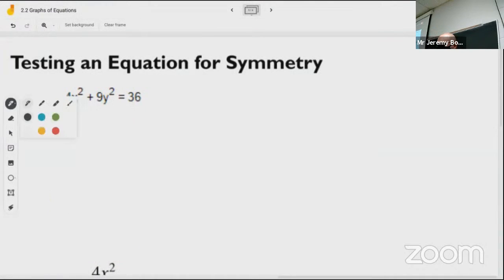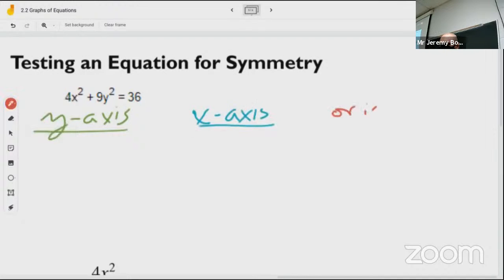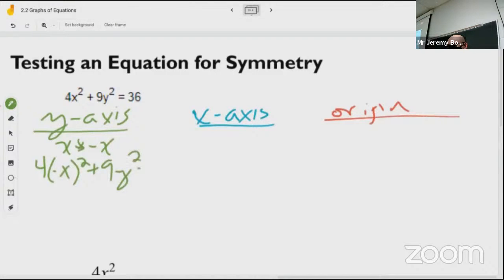So once again, we'll do our y-axis, x-axis. And so let's look at the y-axis first. So we're going to replace what? X with negative x. And so we'll have 4 times negative x squared plus 9y squared equals 36.